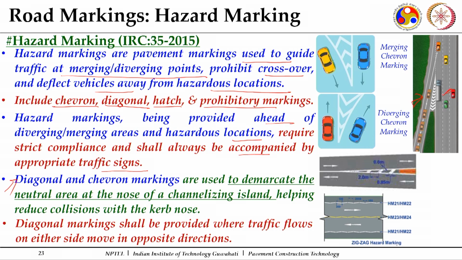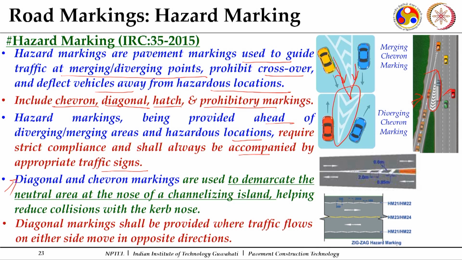In this case you can see there are two traffic streams which are getting merged. Two lanes are getting merged here. This is the one where you have the chevron markings. In this particular case you can see they are getting diverged, these two are getting diverged. When they travel in this direction, they are getting merged.